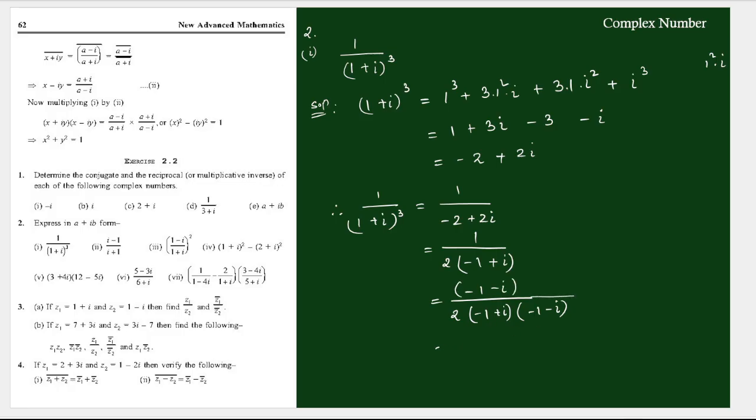Clear? Then we take the formula. What is that? a square minus b square. So minus 1 square minus i square. Up will be minus 1 minus i. What will we get here now after that?